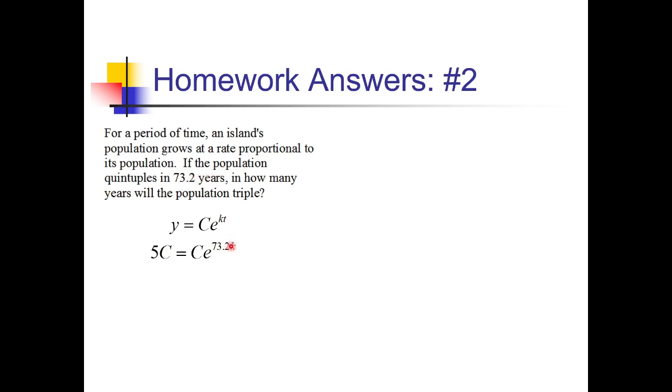Now, in order to get the k value, I need to divide both sides by c first. That'll give me 5 equals e to the 73.2k. And then if I take the ln of both sides to get this out of exponent land, I've got ln of 5 equals 73.2k. Next, I just need to divide both sides by 73.2.